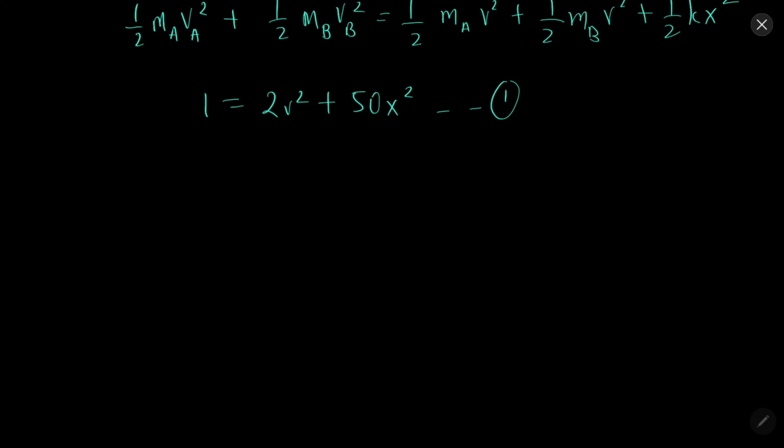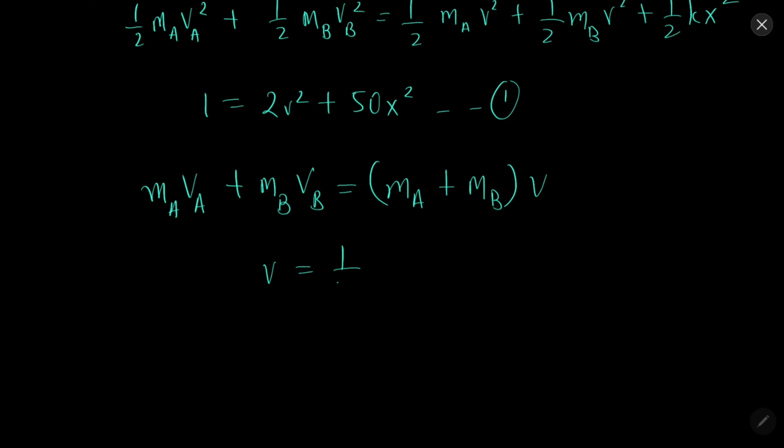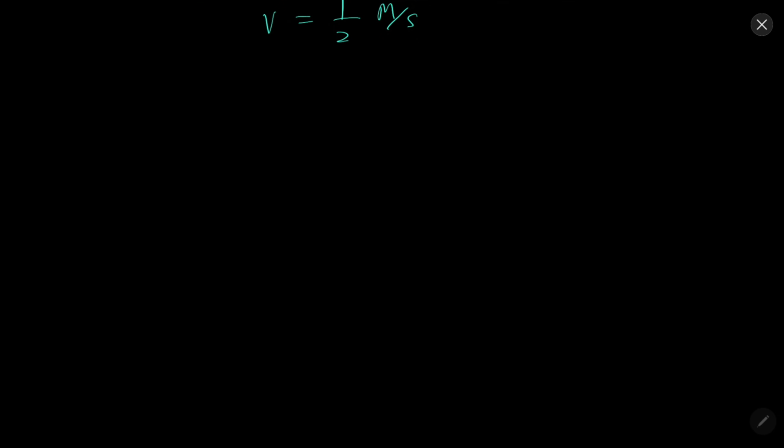Now if there is no external force acting, by conservation of linear momentum, we will have this also. So from here we will get half meters per second after solving. So put this value in equation 1, you will be able to find x equal to 0.1 meter or 10 centimeters.